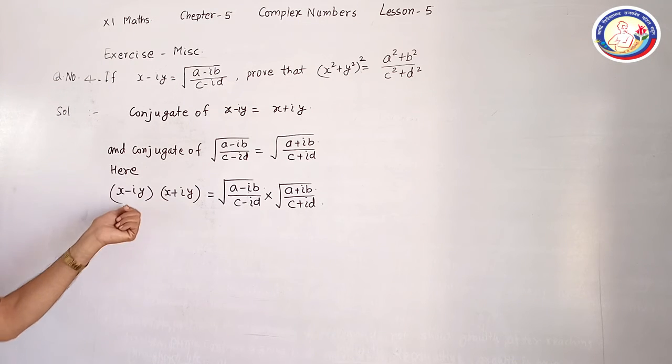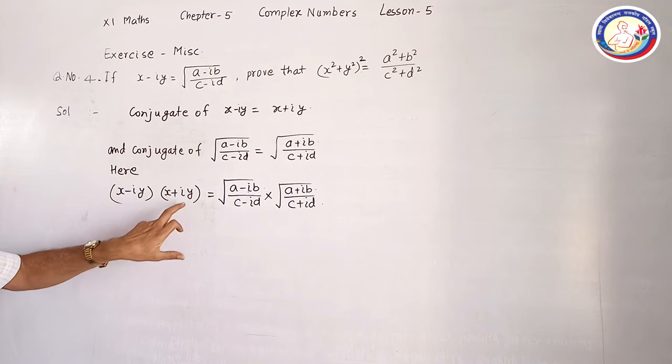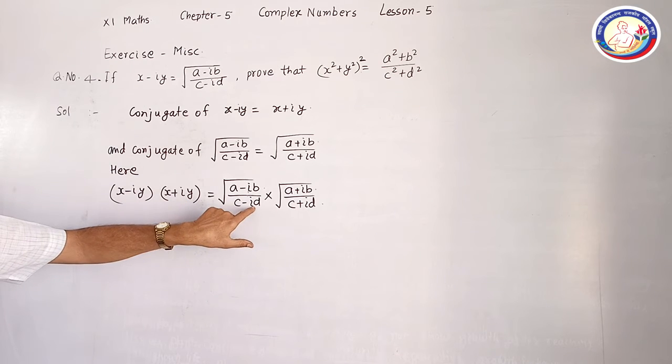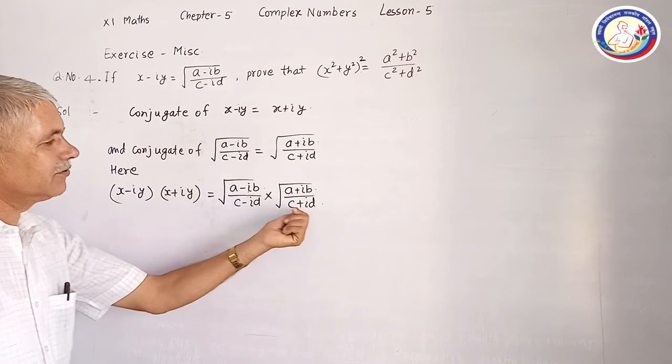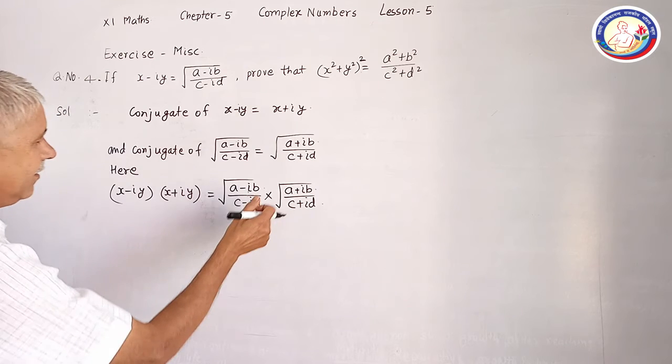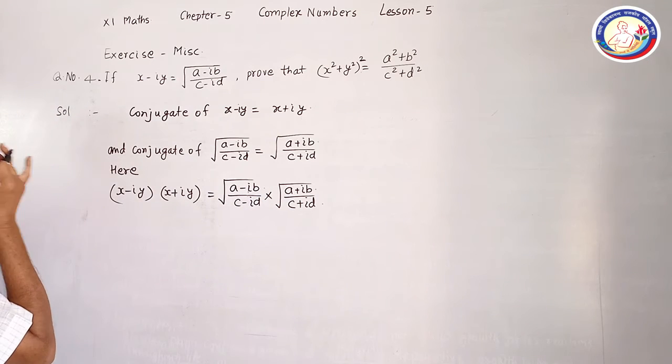So we have multiplied x minus iota y with its conjugate and this with its conjugate. What will we get, or what is the result here?